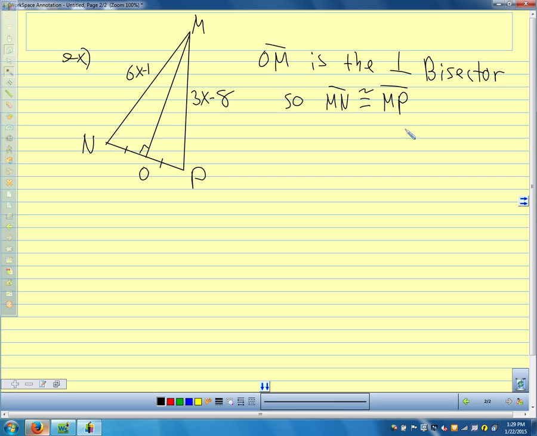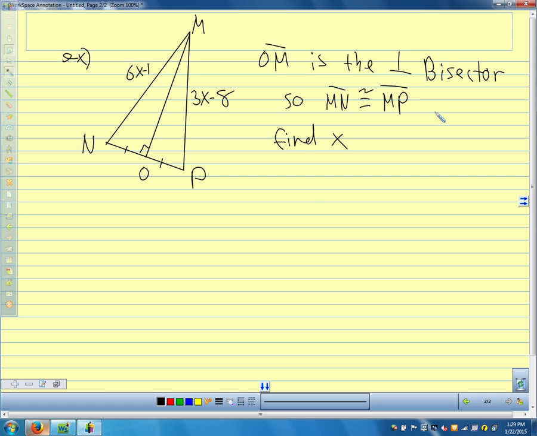So I'm just writing out how we're thinking about the problem. If we were trying to prove this, it would be because it's a perpendicular bisector. That would be our reason. But this problem is asking us, rather than doing a proof, I was just writing out our thought process. Find x.